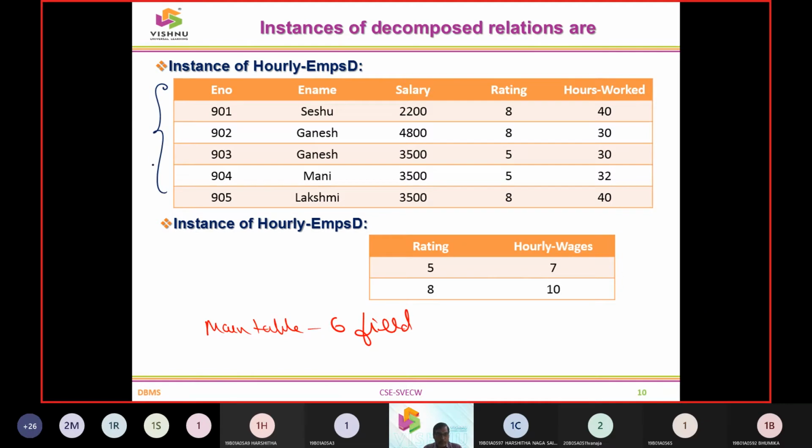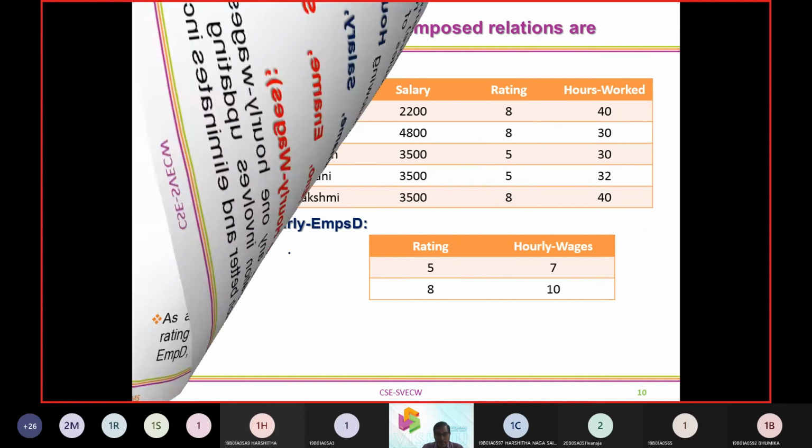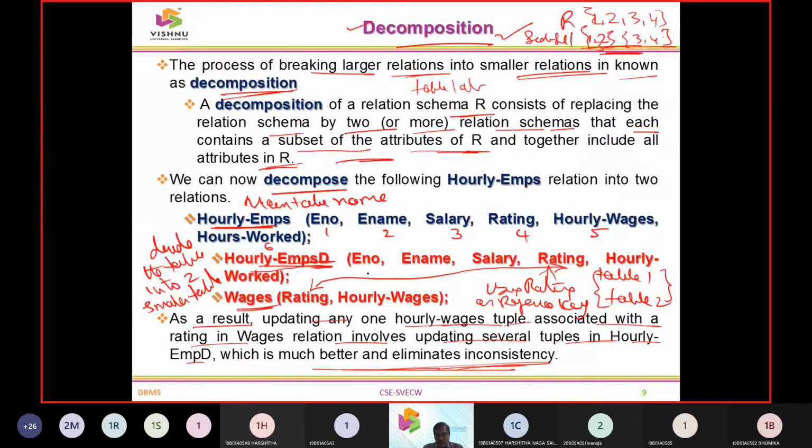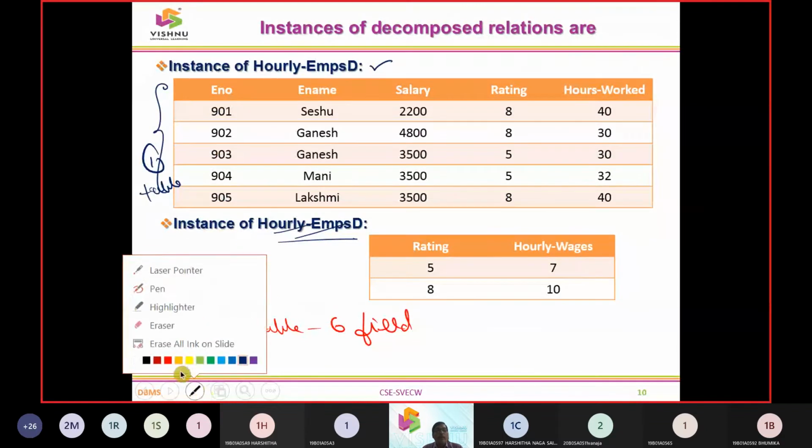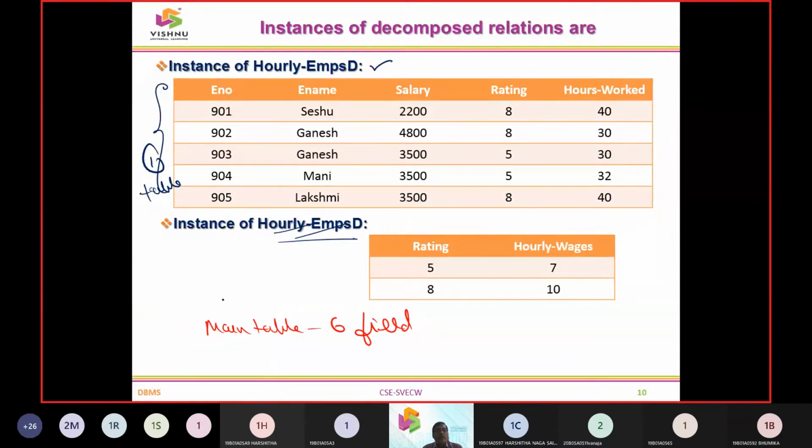The first table, table 1, we are going to call hourly employees D. The second table, we are going to call the wages table.